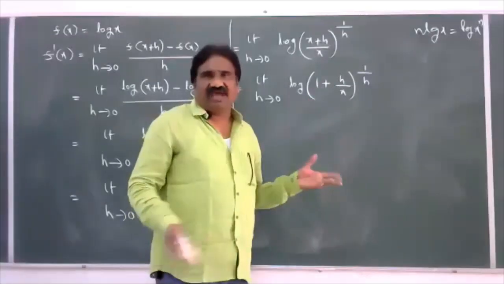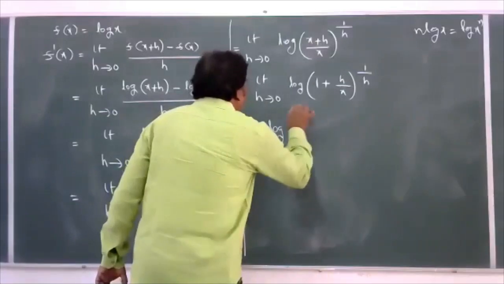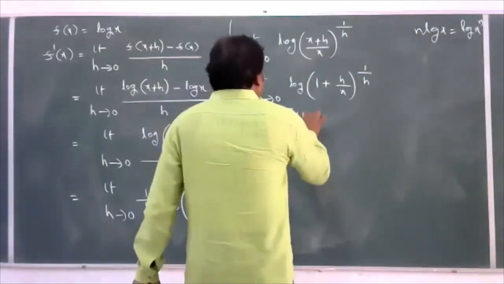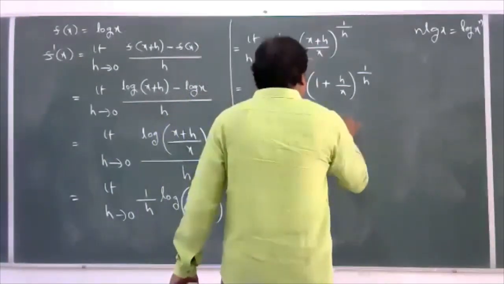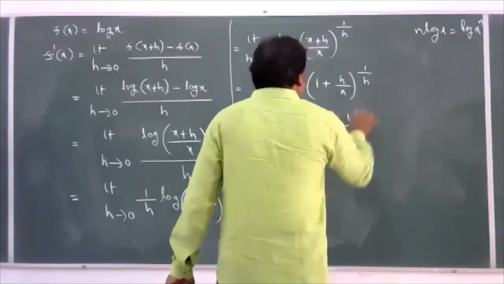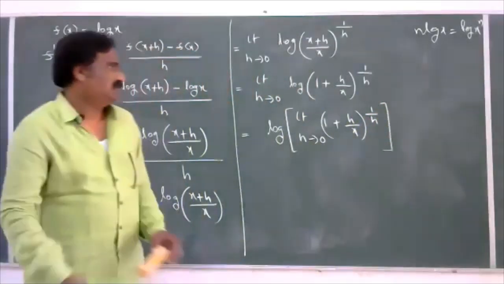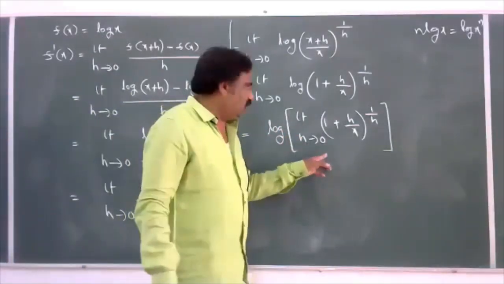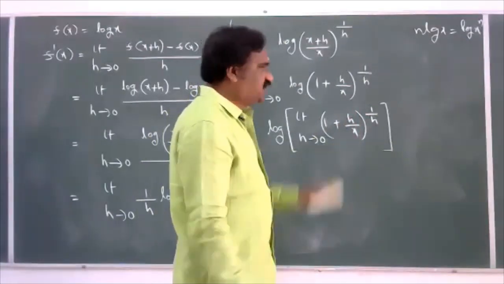You get the same value. So then that is logarithm of limit h tends to 0, 1 plus h by x whole power 1 by h.